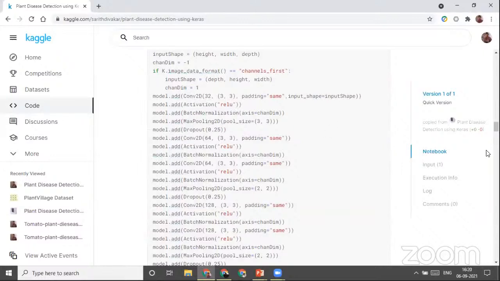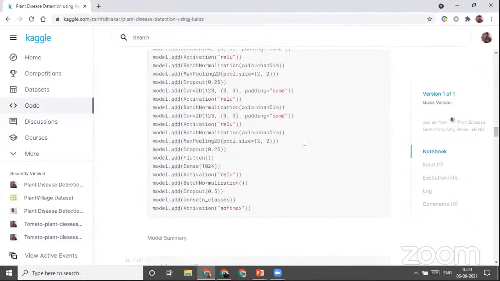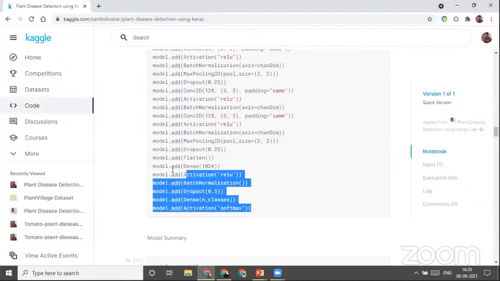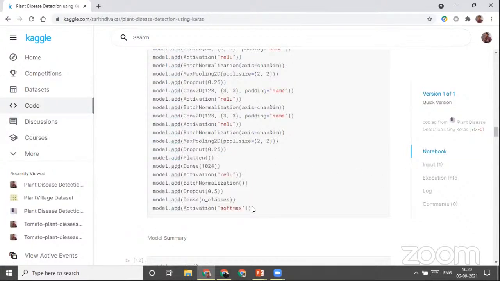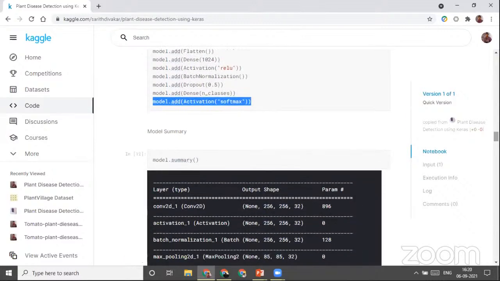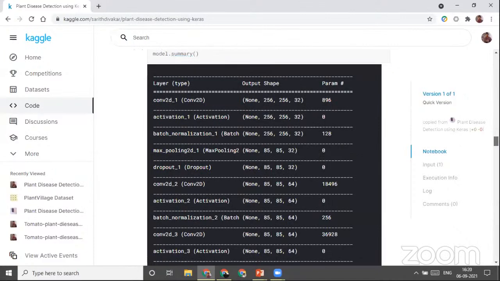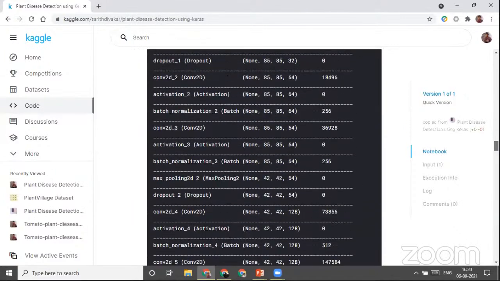You can also see some other techniques like dropout and batch normalization. Basically, they are regularization techniques in deep neural networks, and the activation used is ReLU. In the end, you can see we have deep feed-forward networks connected. And last, we have a softmax function, which classifies our leaf diseases into multiple classes.